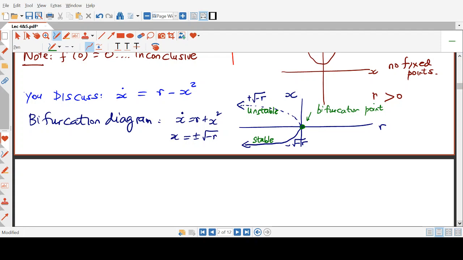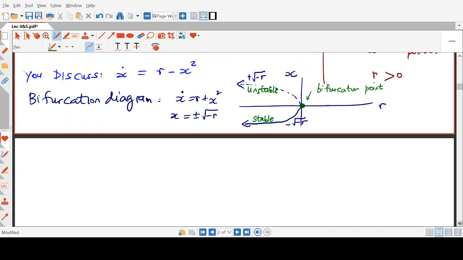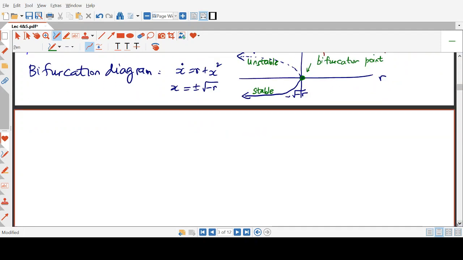Okay, there's two more types of bifurcations before we finish up. All right, so this is called a saddle node point. Let me make that point. Write that next to it, saddle node point.